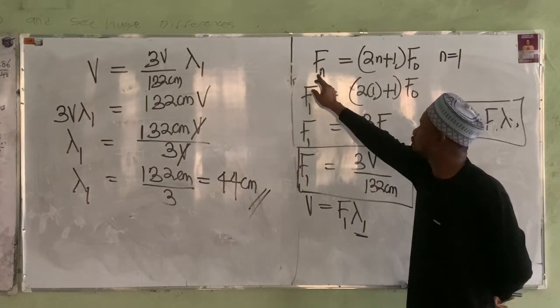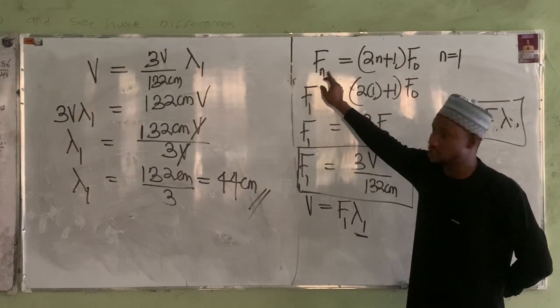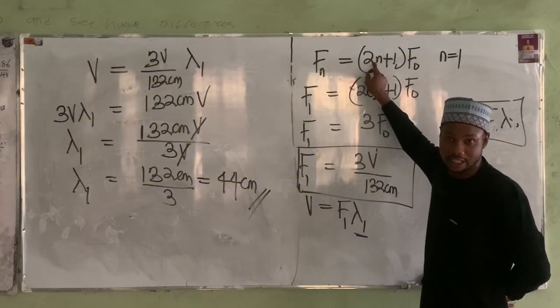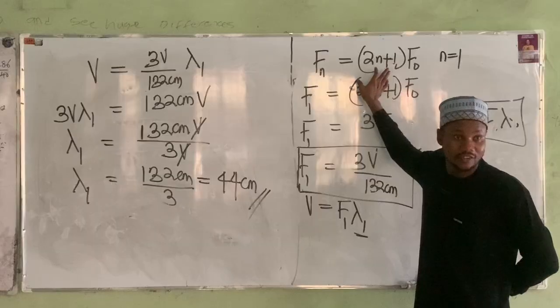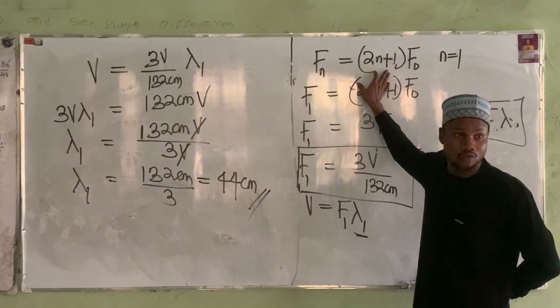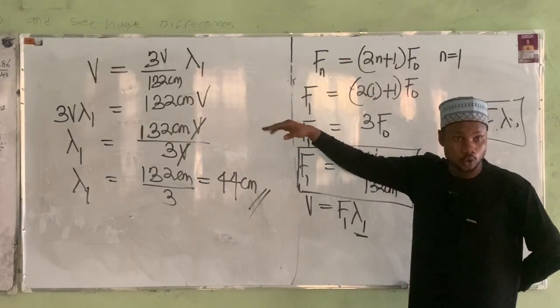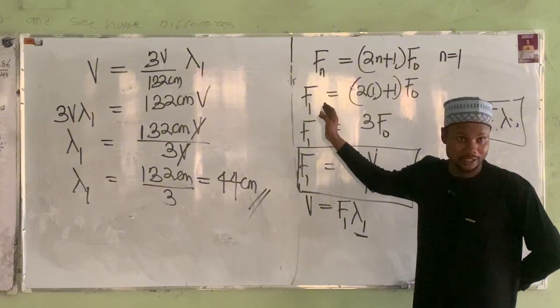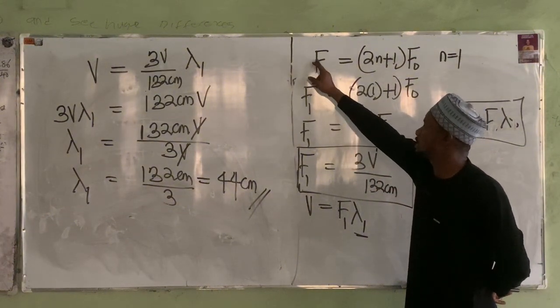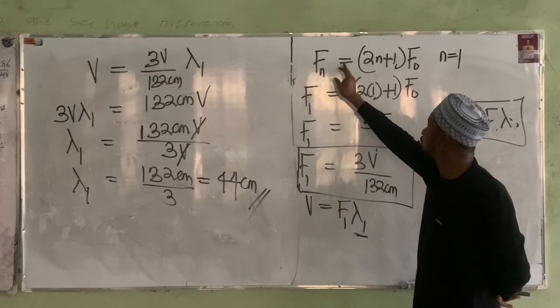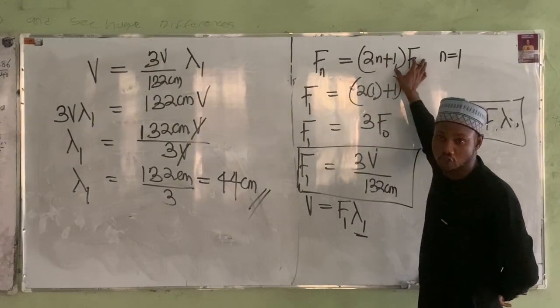And the formula for overtone frequency is Fn is equal to 2n plus 1, I told you guys now, right? There is a different formula for overtone frequency for closed and for open. Do you remember the formula? Now for closed, the overtone frequency is Fn is equal to 2n plus 1 times F naught. This is the shortcut formula.